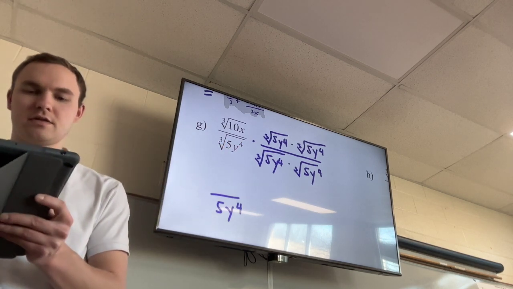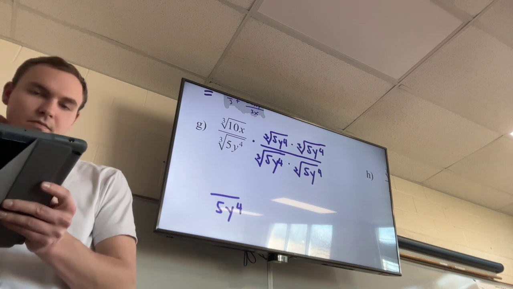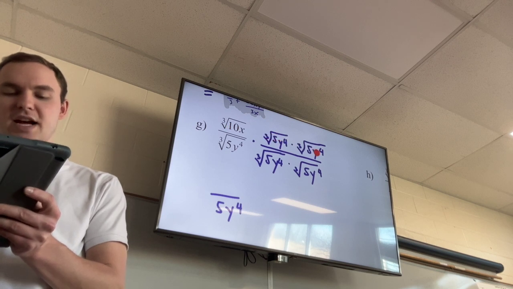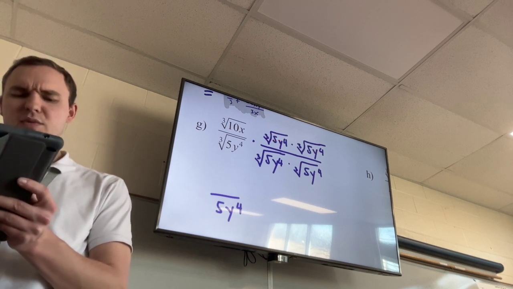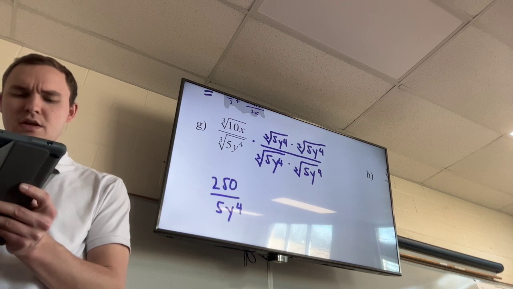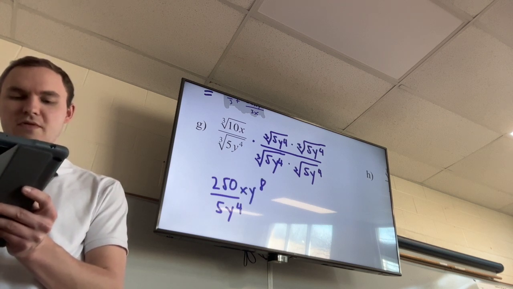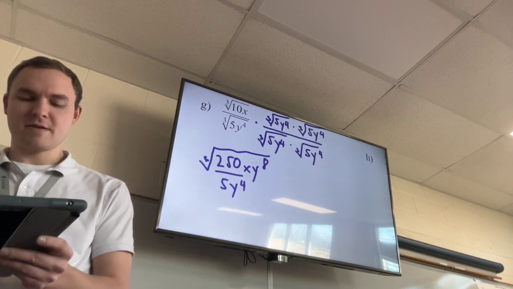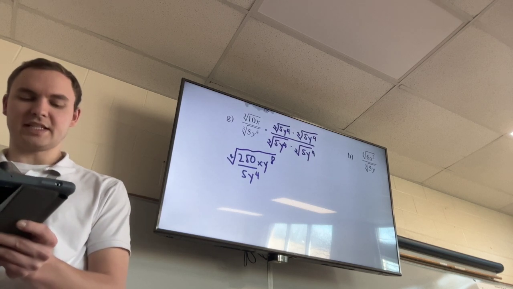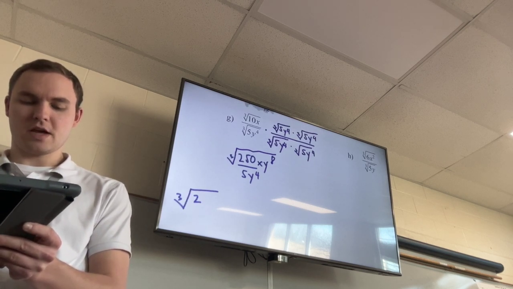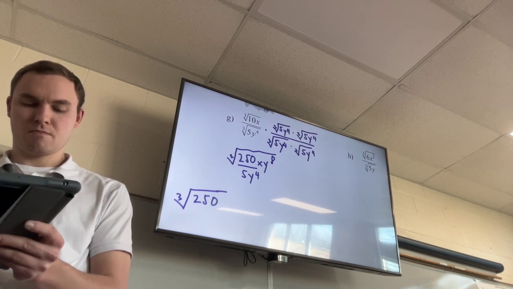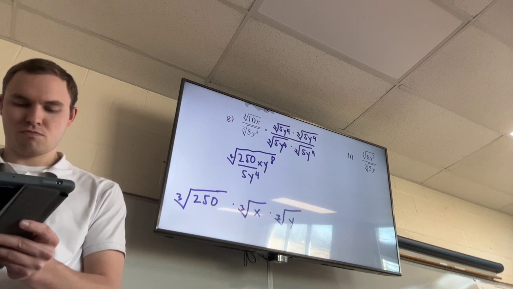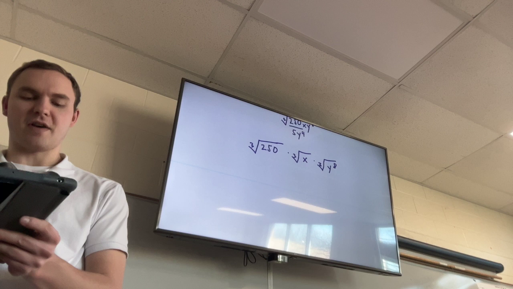Will it always be like that? Yeah. The top, you're going to get 10x times 5y to the 4th times 5y to the 4th. That's 250x y to the 8th and cube root of all that. Can I simplify that cube root? Cube root of 250 does simplify.